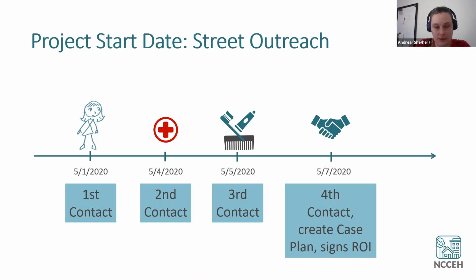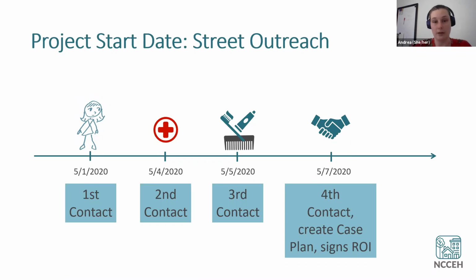Okay, let's take a look at the results together here. So for question one, the majority of us did get that right. Project start for street outreach is first contact. So that is when you meet the client where they are, maybe on the streets or in another unsheltered location. So that is going to be the first contact.